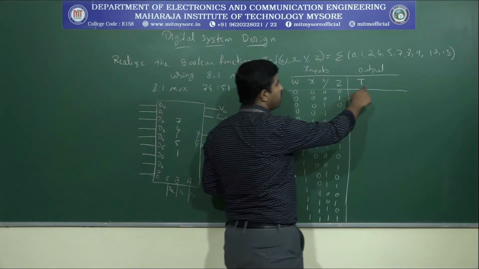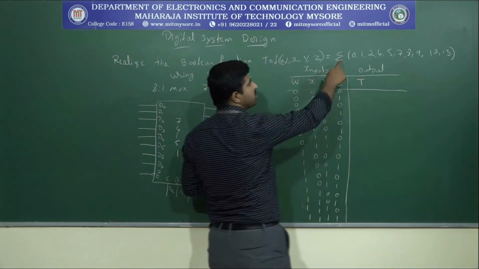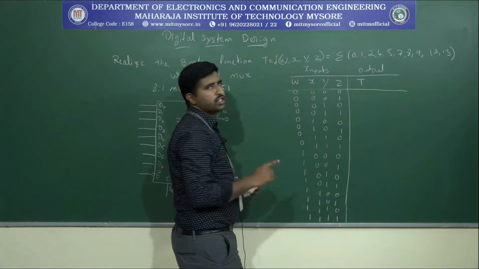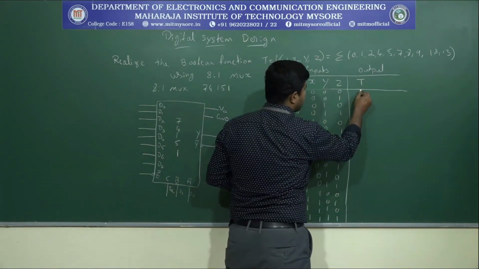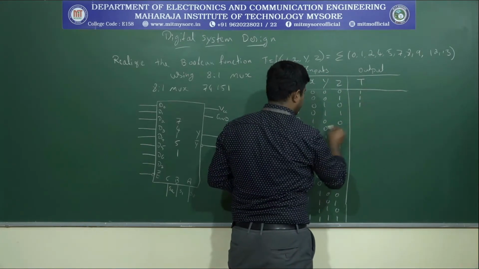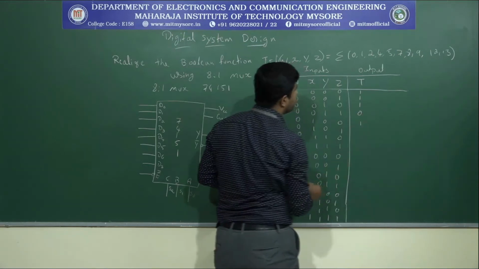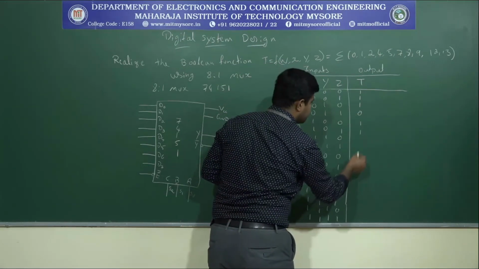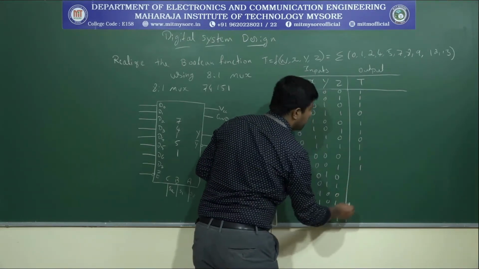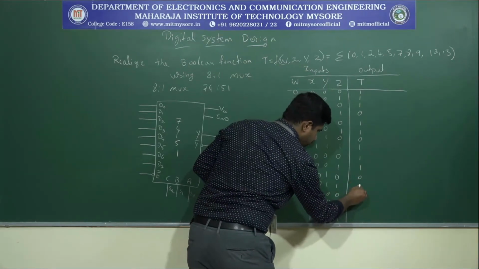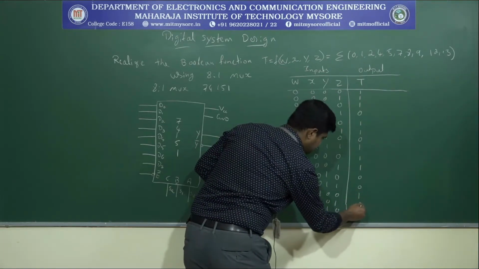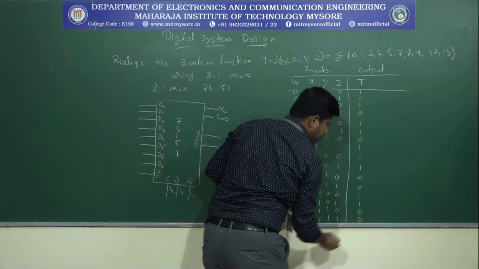Let's write the output according to the given function. The summation is given as 0, 1, 2, 4, so for these minterms it will generate logic 1. So 0 is 1, 1 is 1, then 2 and 4 are 1, so 3 is 0, 5 is 1, 6 is 0, 7 is 1, 8 is 1, 9 is 1, 10 is 0, 11 is 0, 12 is 1, 13 is 1, and 14 and 15 are 0 and 0.